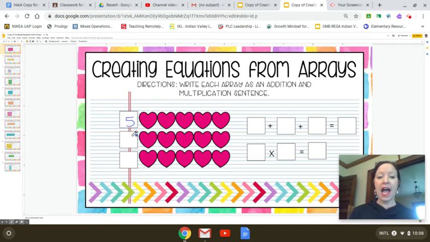There are 5 columns. So let's look at how many rows I have. Well, I have 1, 2, 3 rows. So if I come over here, I can write 5 columns times 3 rows.